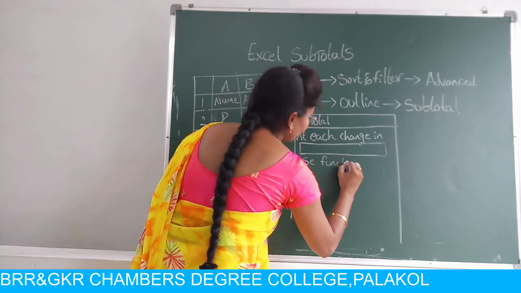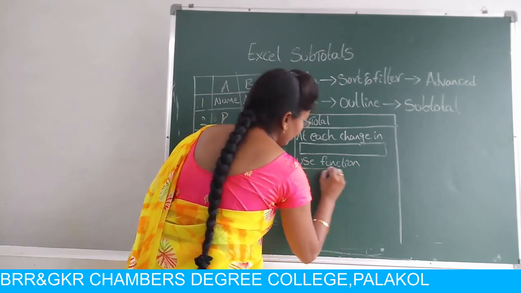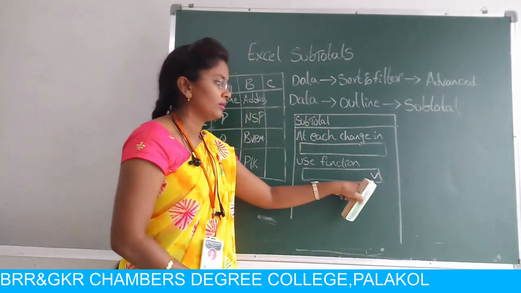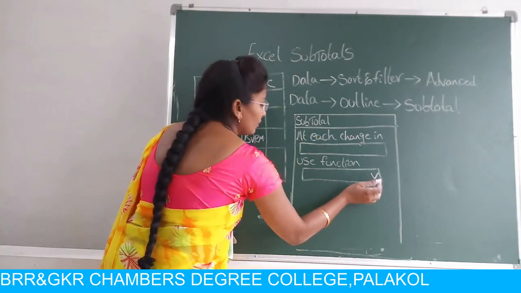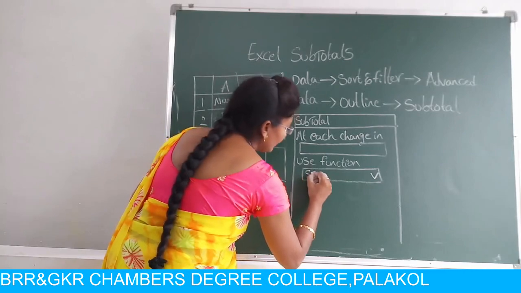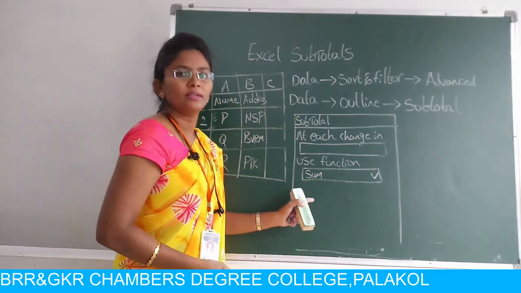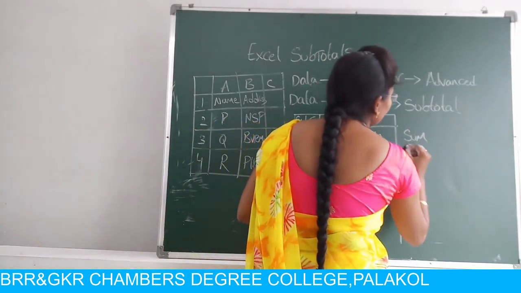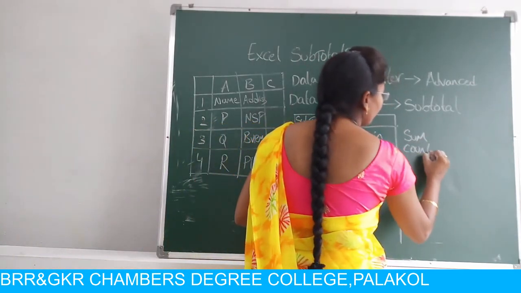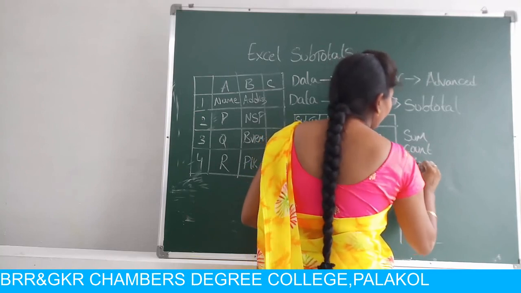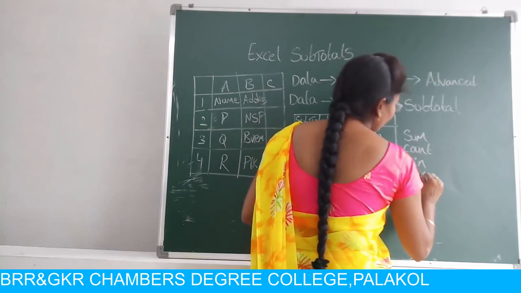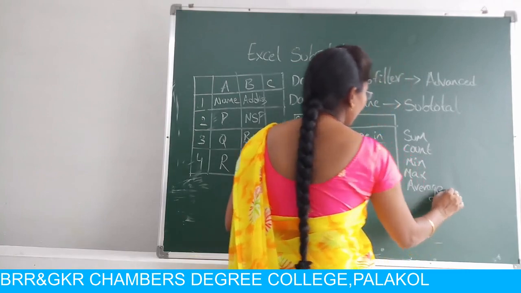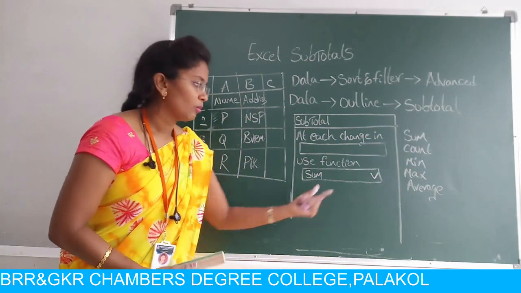In this Use function, again there is a drop-down menu. If you click on this symbol, you can see the functions like sum, count, minimum, maximum, average, and so on. These are the functions available in the dialog box.